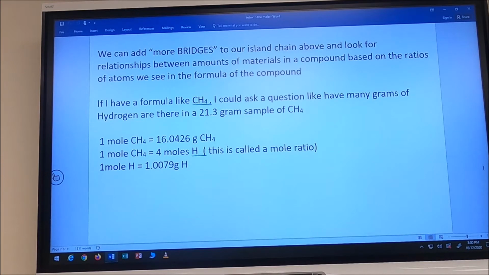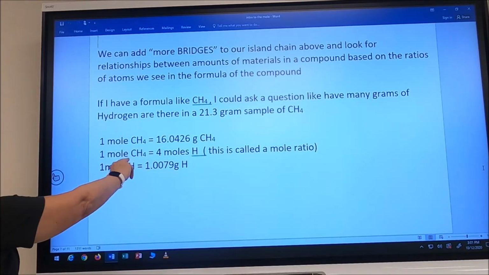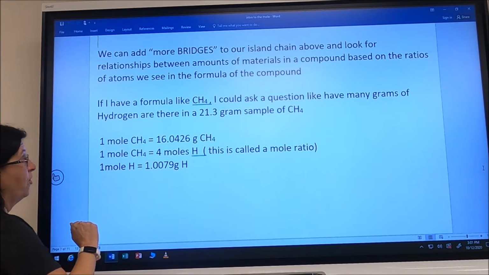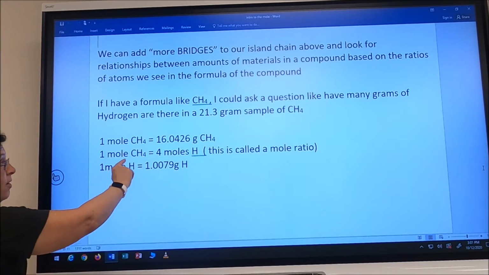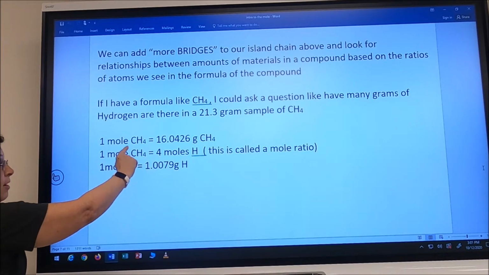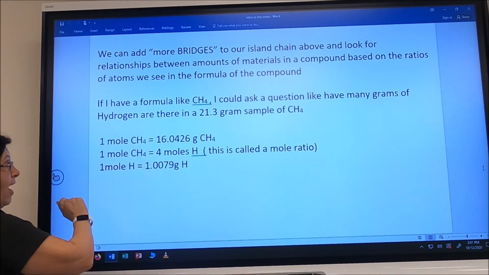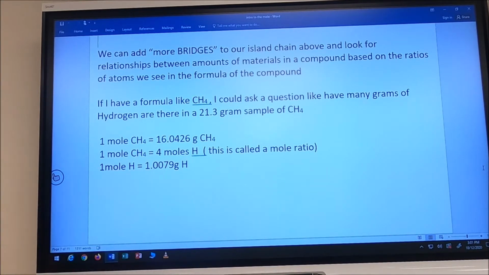I got that by adding together the mass of 1 mole of carbon and 4 moles of hydrogen. And our mole ratio is for every 1 mole of CH4, there are 4 moles of hydrogen, because see that little subscript 4 there? There's 1 carbon to 4 hydrogens. So 1 mole of this contains 1 mole of carbon and 4 moles of hydrogen. And 1 mole of hydrogen has a mass of 1.0079.